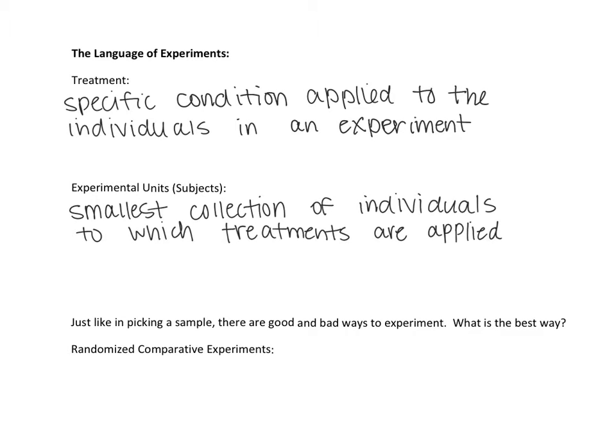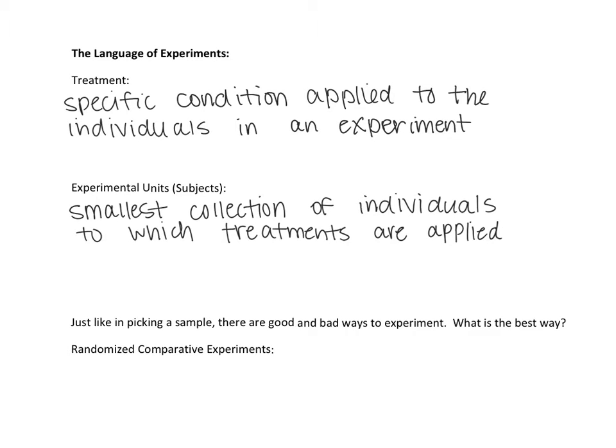Now, experimental units don't have to be humans, but when they are humans, they're just referred to as subjects. They can also be animals. Pretty much anything can be an experimental unit. We specifically use the term subjects when they're people, though.